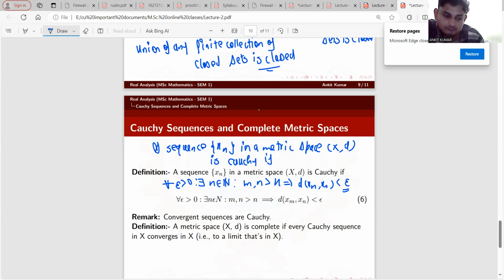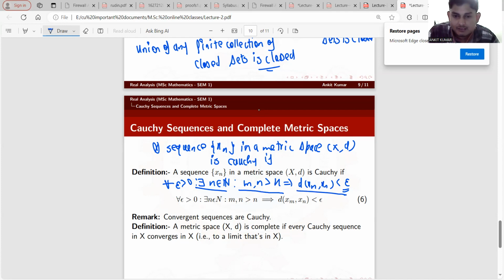Meaning thereby, a sequence x_n in a metric space (X, T) is Cauchy if for all epsilon positive there exists N such that for m, n greater than or equal to N, T(x_m, x_n) is less than epsilon.